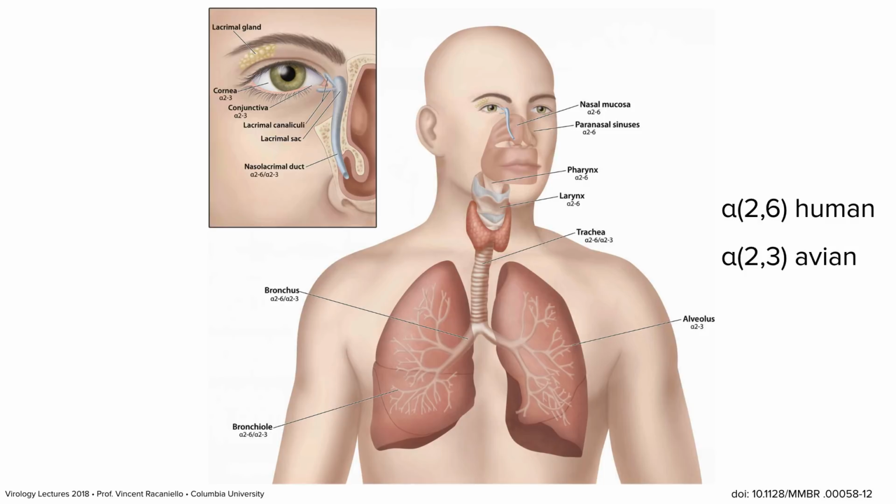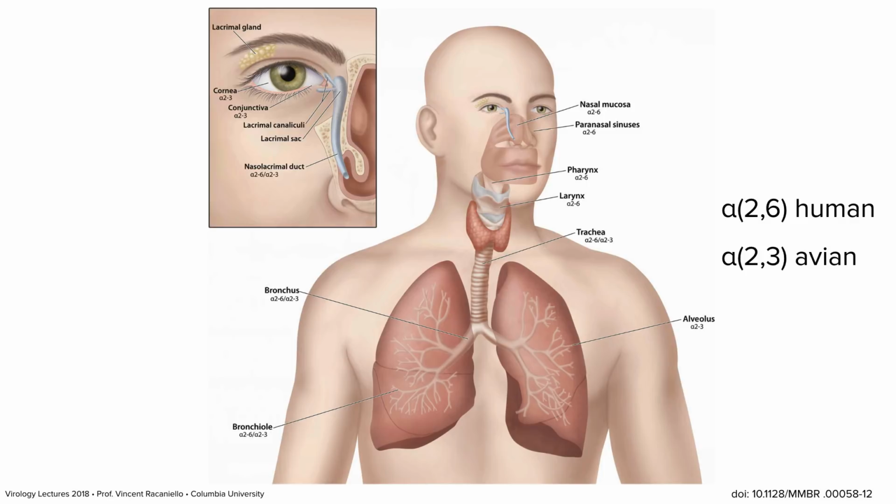And these numbers here represent the different kinds of sialic acid receptors that are present in your upper tract, and the rest of your tract as well. If you remember from a long time ago, the alpha-2,3 linked sialic acids are preferred by avian influenza viruses. So a lot of people who work with birds, chicken farmers, they get eye infections.